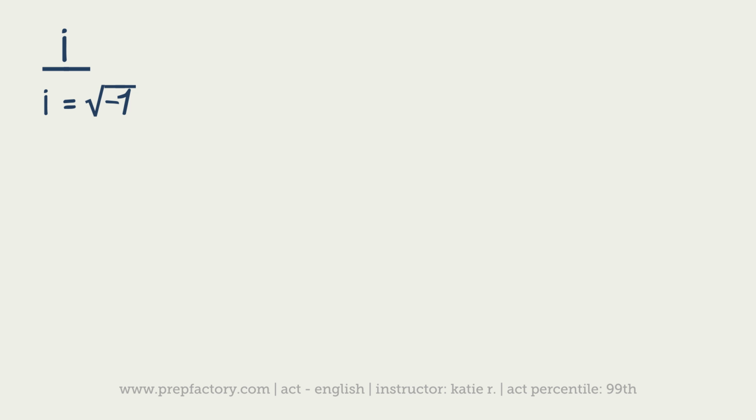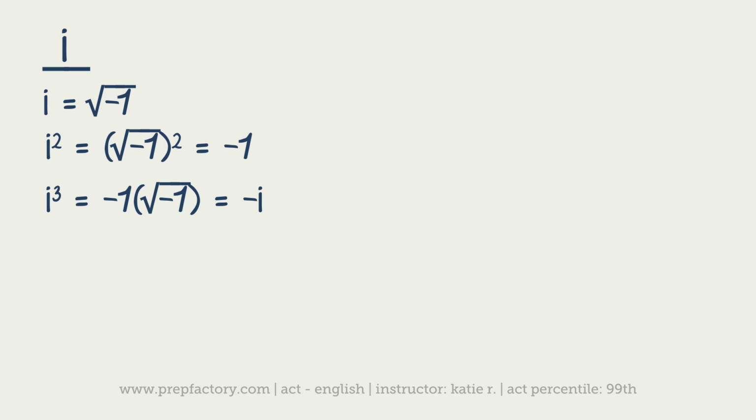The nice thing to know about i is that it cycles through 4 different values. So if they ask you for i to a very large number, you can figure it out. You have i equal to radical negative 1. i squared would be radical negative 1 squared, which is negative 1. i cubed would be negative 1 times radical negative 1, or just negative i.